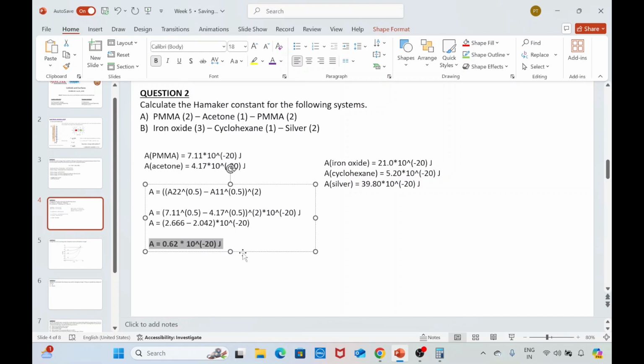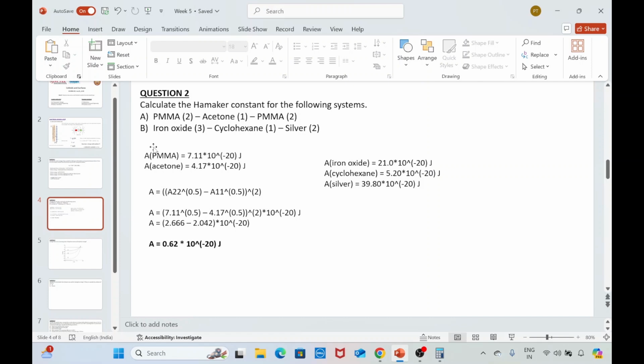So you can see the contrasting difference. The Hamaker's constant for PMMA particles was 7.11 times 10 to the power minus 20. But when a medium like acetone is present between them, the value of the Hamaker's constant decreases to 0.62 times 10 to the power minus 20 joules.